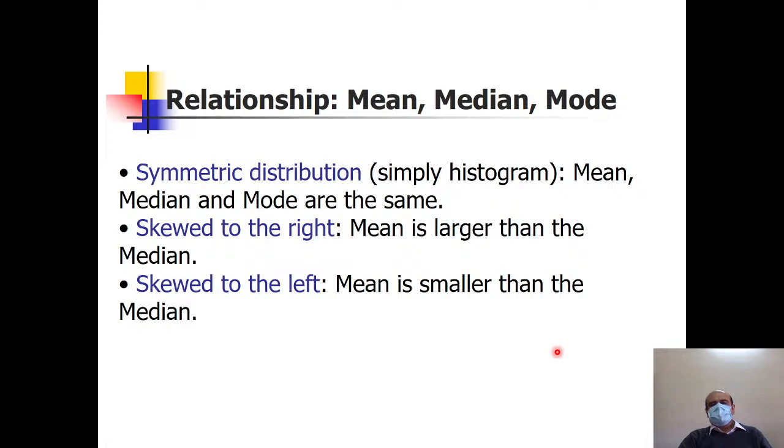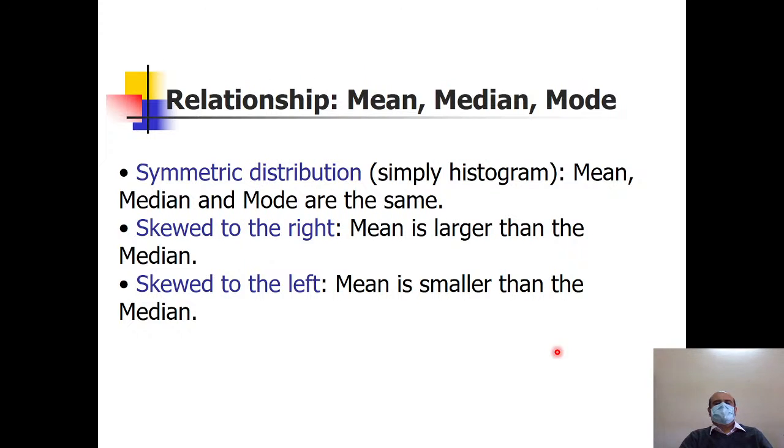Now, talking about the relationship between mean, median, mode. There can be a symmetric distribution, or a skewed distribution, skewed on the right-hand side or on the left-hand side. In a symmetric distribution, if the data is normally distributed, the mean, median, mode are the same.